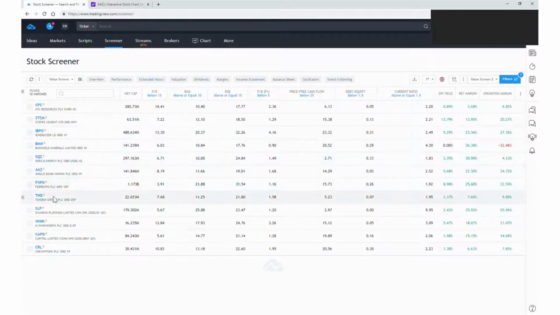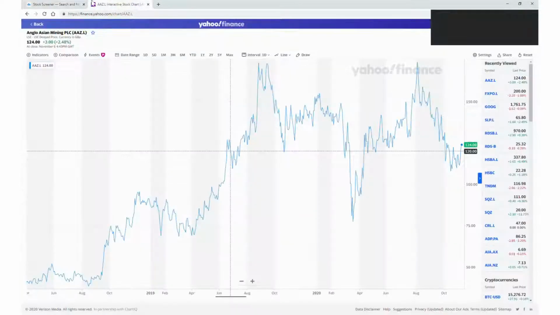Let's look at another stock that's caught our eye. There is the Sylvania Platinum Limited, where you can see the price to book at 1.19, very low debt and high current ratio, and a reasonable price to free cash flow ratio, I should say.